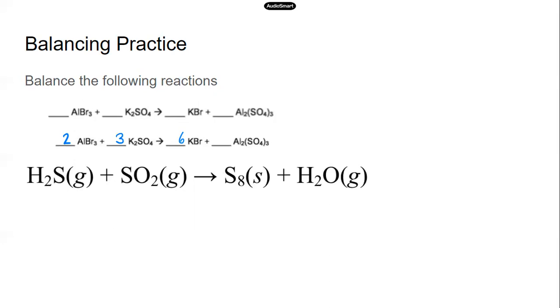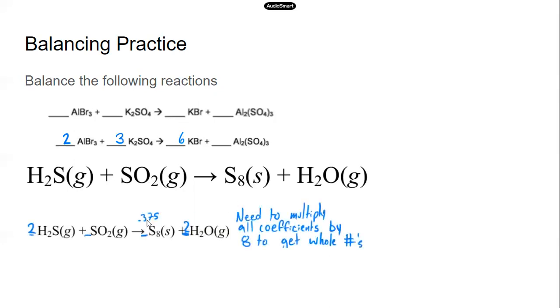But when we do that, like we said at the very first slide, these coefficients need to be whole integers. They can't be 0.375, they can't be 1.5.